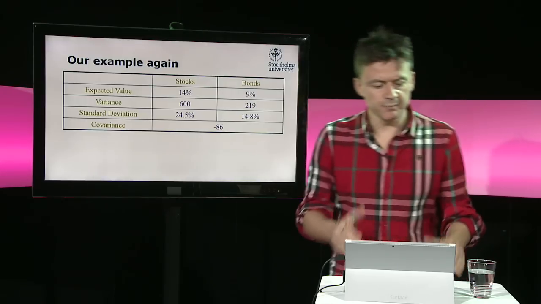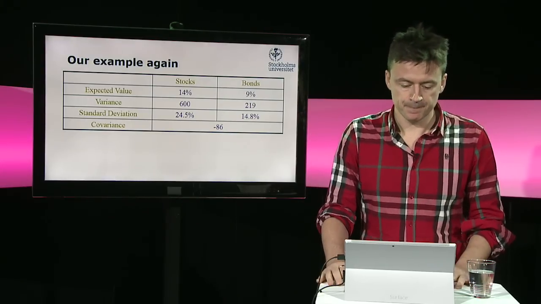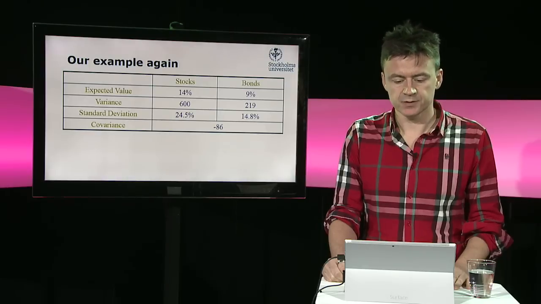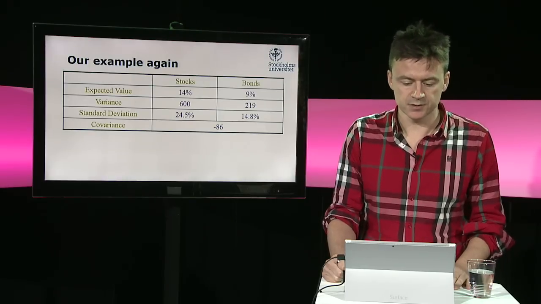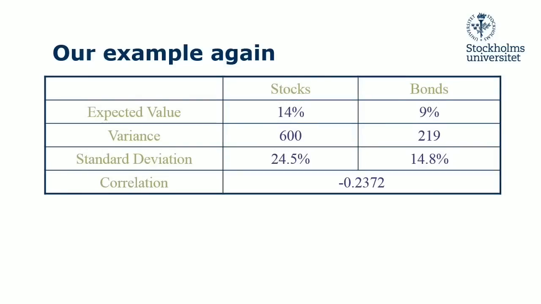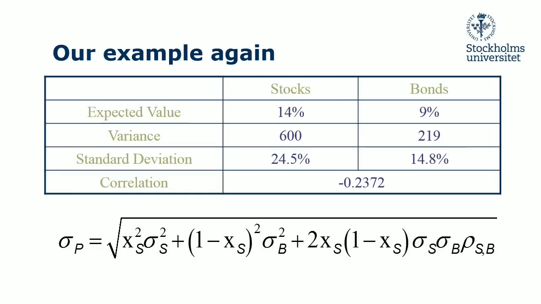Maybe it would be much better to see this with an example. So suppose that we have our previous numbers. We just bring back the example we have used before, but now we focus on the correlation. And we can use the expression in terms of the correlation to compute the standard deviation of any portfolio of these two assets.